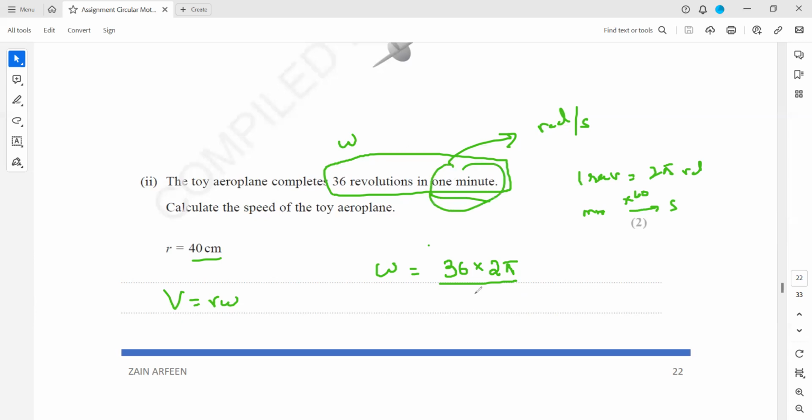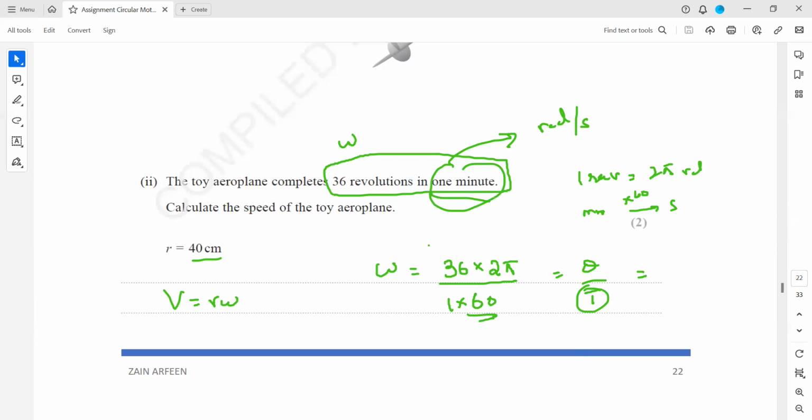So we have to convert it into seconds, so we use 60. Actually, because it is theta divided by t, the time is in the denominator. That's why the 1 minute, 60 seconds, goes in the denominator. So this will give us a value for omega.